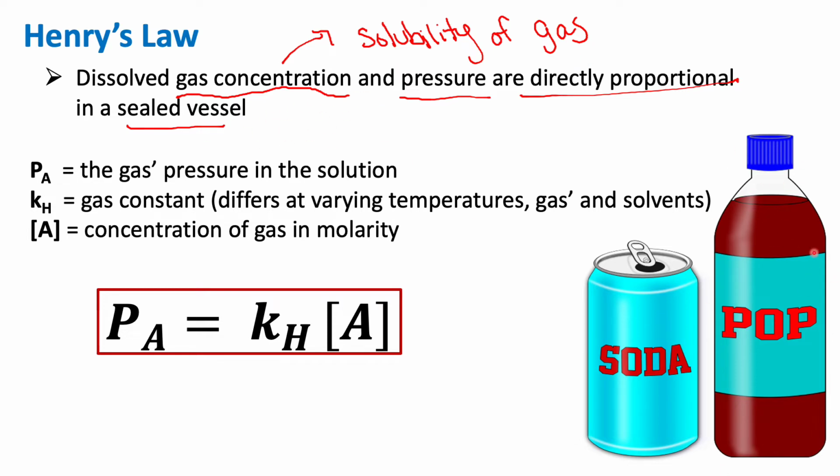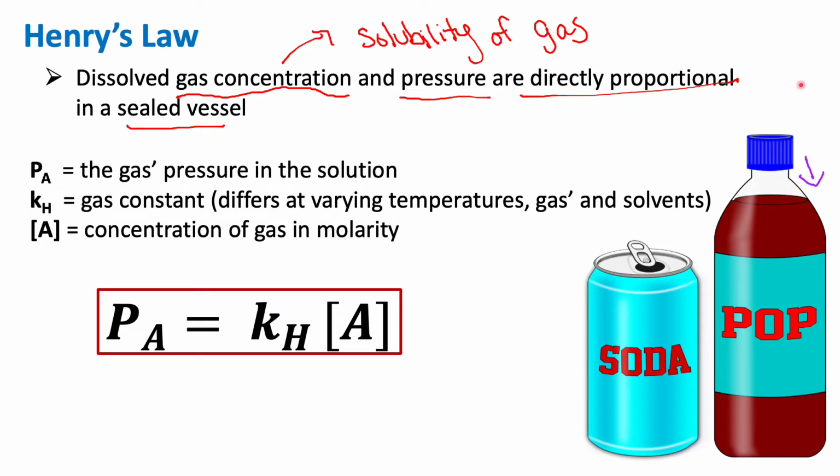So when we have this bottle of pop, we see this airspace over here, and this airspace exerts a pressure down onto that liquid. When we remove the cap, this pressure on the liquid is going to decrease because the carbon dioxide is able to escape through the bottle because it is exposed to the air. There's no longer the lid there.